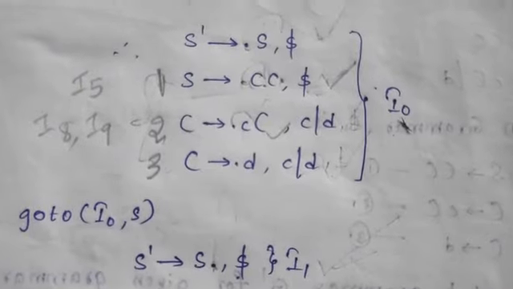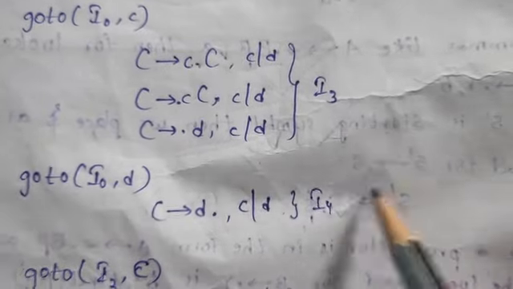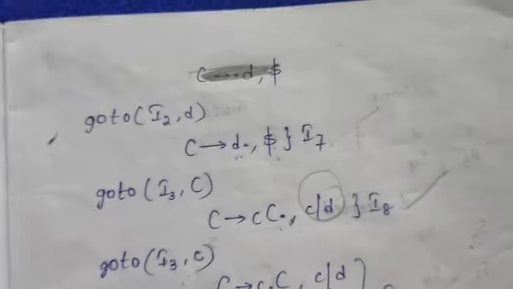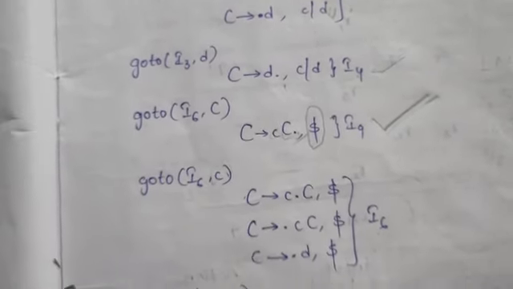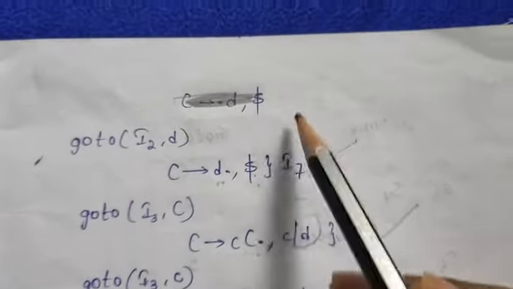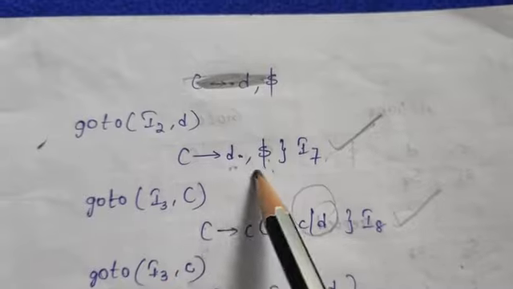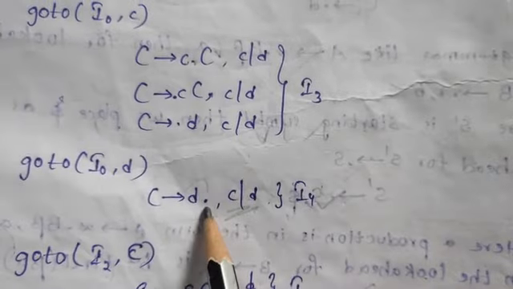And the third production, C tends to d dot. This is here I4, and here I7. Same here also: here dollar is there in I7, in I4 C/D is there, and the dot is moving to the end of the production.